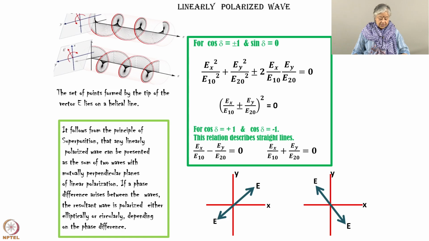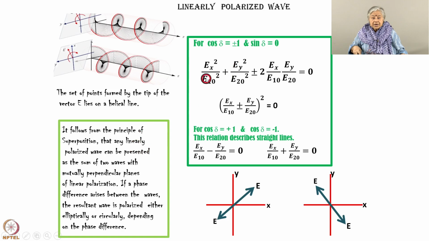If a phase difference delta arises between the waves, the resultant wave is polarized either elliptically or circularly, depending on the phase difference. Okay. So, there is a phase difference between these two perpendicularly linearly polarized waves. This thing in the green square just sums up all the derivation that we have done previously.